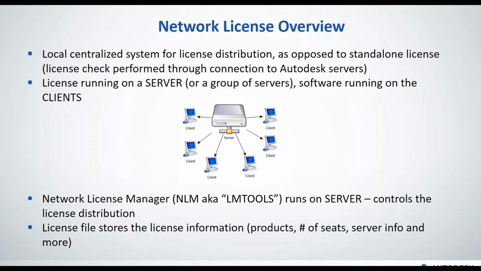So for the license manager to work, generally we have a license file that usually contains all information of our licenses, the number of licenses we have available, and also the server information, because a specific license file will run only on your specific server.